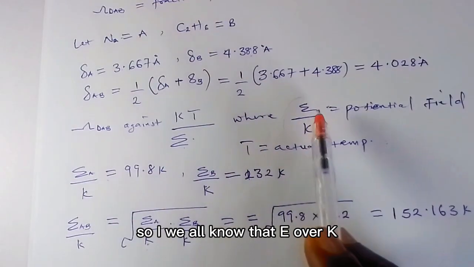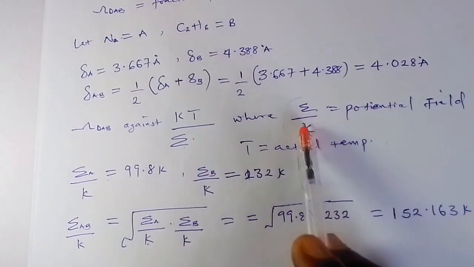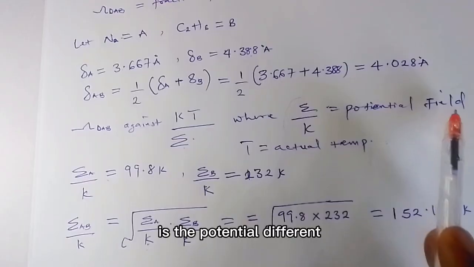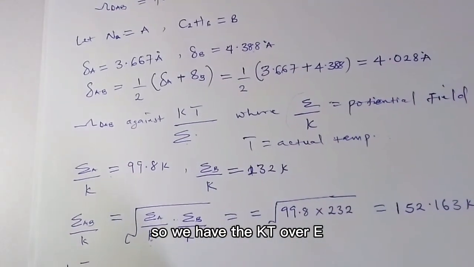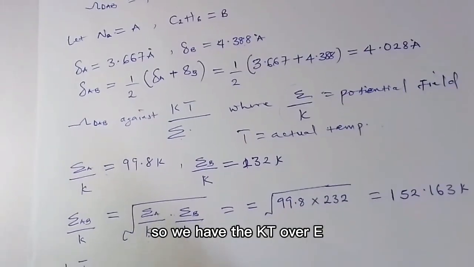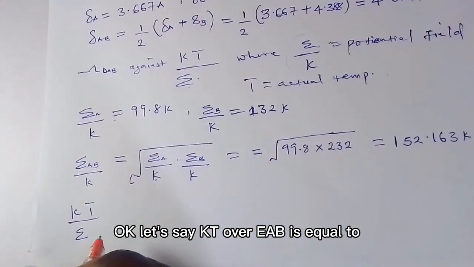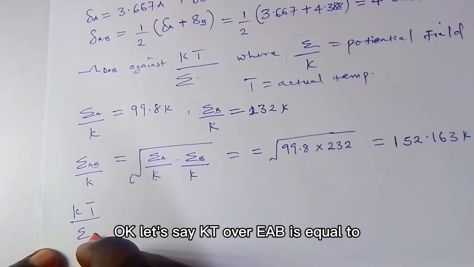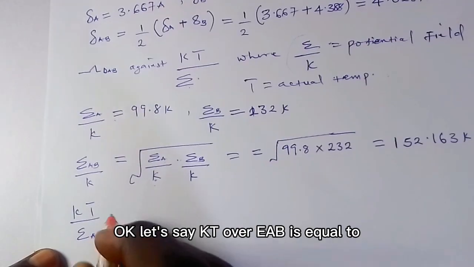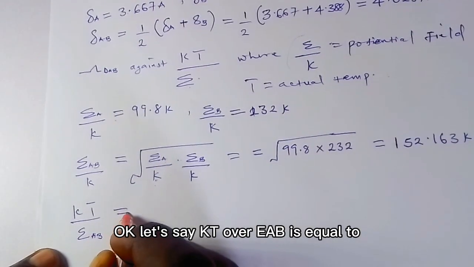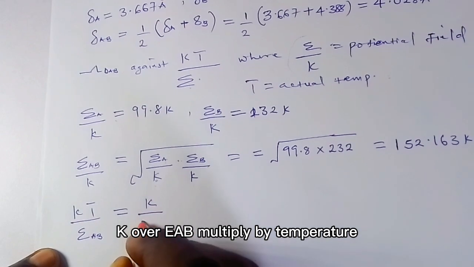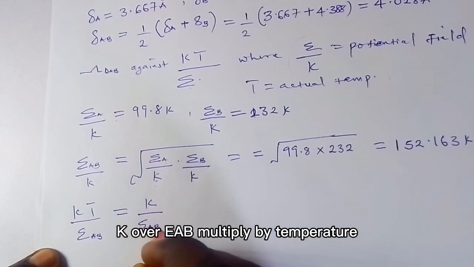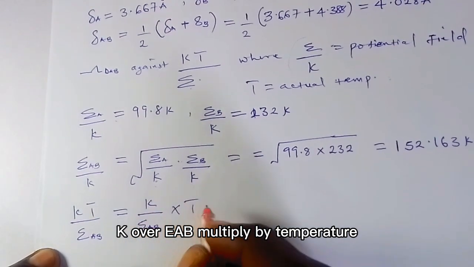Here we have the function of temperature and potential field plotted against KT over E. So we all know that E over K is the potential field. So we have KT over EAB equal to K over EAB multiplied by temperature.